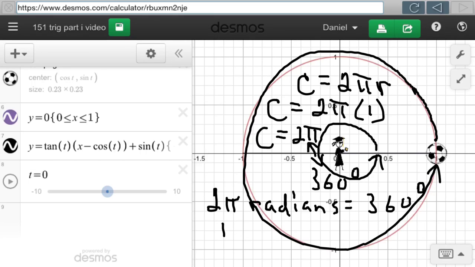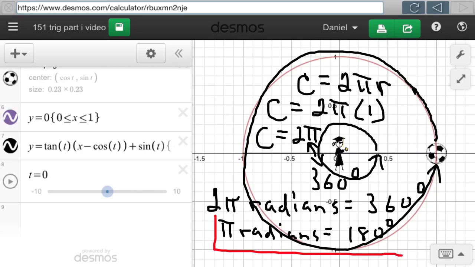So I would have that pi radians is really 360 divided by 2, which would be 180 degrees. Okay? So this is what we would call a conversion factor. If we ever want to convert from degrees to radians or radians to degrees, we use this conversion factor, the fact that pi radians is equal to 180 degrees.